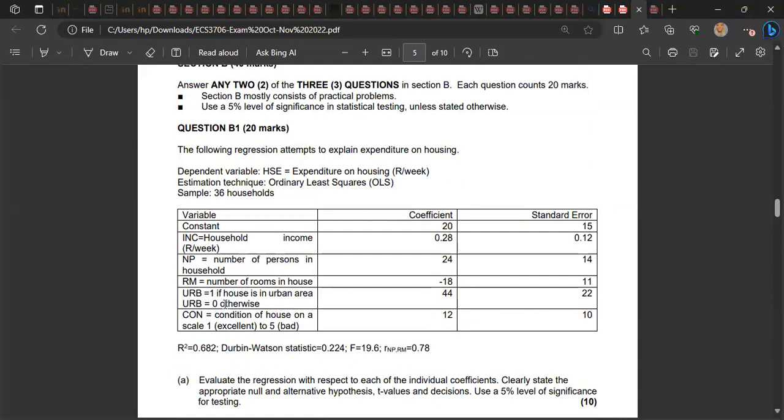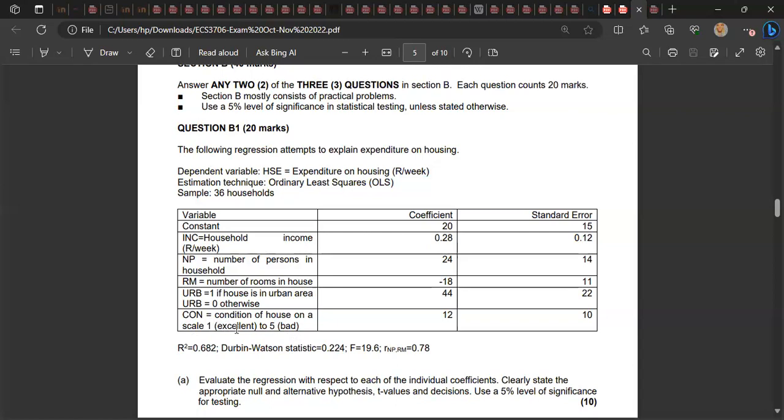And then the condition of the house. If you look at the scale that's given, they're saying if it's 1, the condition of the house is excellent, and if it's 5, it's very bad. So if we are decreasing here, it means that we are moving towards excellent.